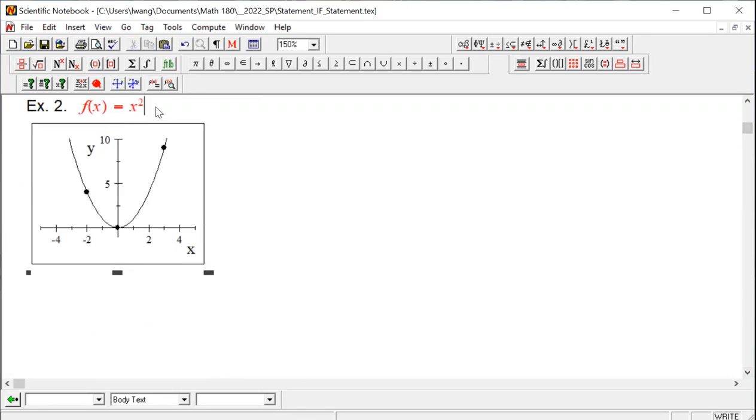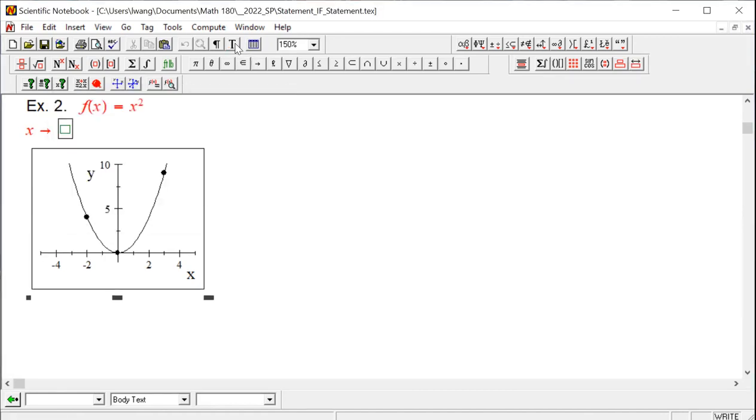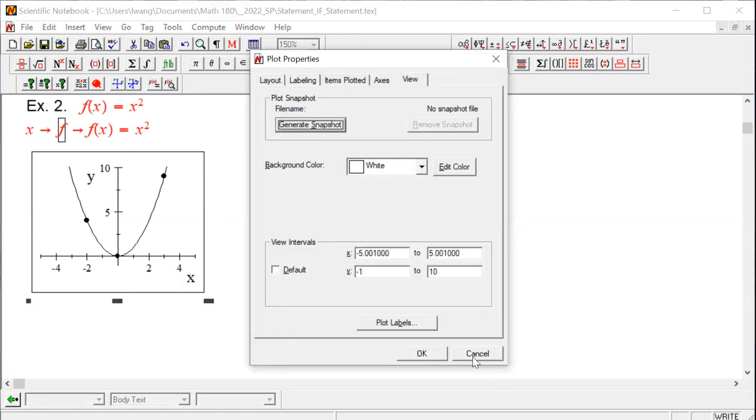The domain, we know the domain, we know the range as well, right? So input and the rule of the function, and it produces the output. In terms of notation, the output is the input times itself.